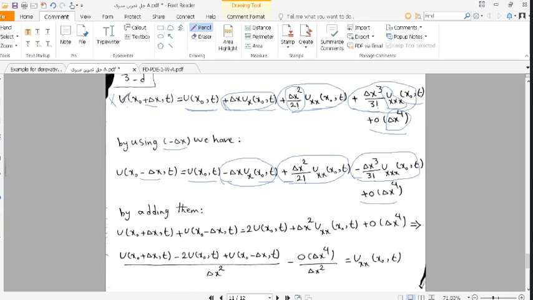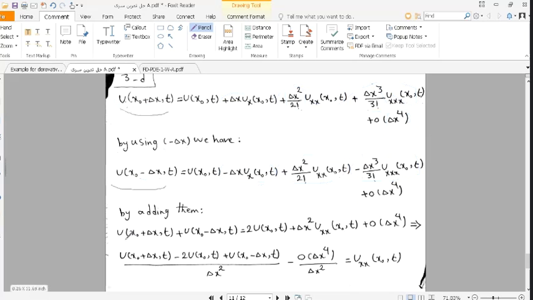On the left-hand side we have u at x0 plus delta x and t, plus u at x0 minus delta x and t.